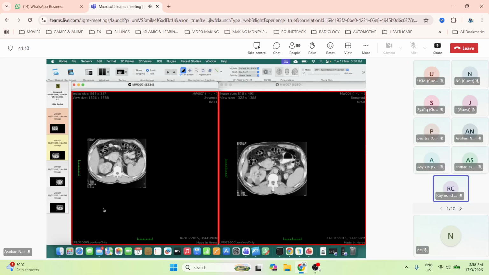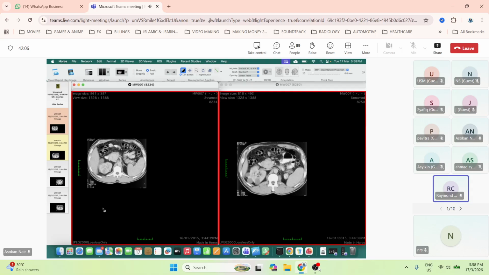Otherwise, I don't see any free fluid or any fat stranding in the peritoneum. Looking at the pancreas, the pancreatic head is bulky and enhancing in the venous phase.